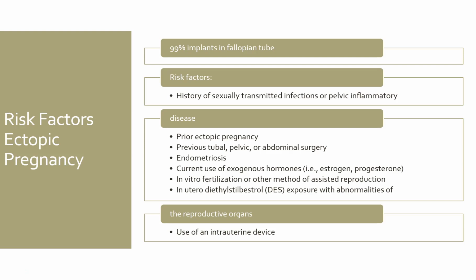A previous tubal, pelvic or abdominal surgery, history of endometriosis, current use of exogenous hormones like estrogen or progesterone, in vitro fertilization or other method of assisted reproduction, and in utero diethylstilbestrol (DES) exposure with abnormalities. And if there are issues in the reproductive organs, if they've been using an IUD or intrauterine device, sometimes this can increase the risk of ectopic pregnancy.